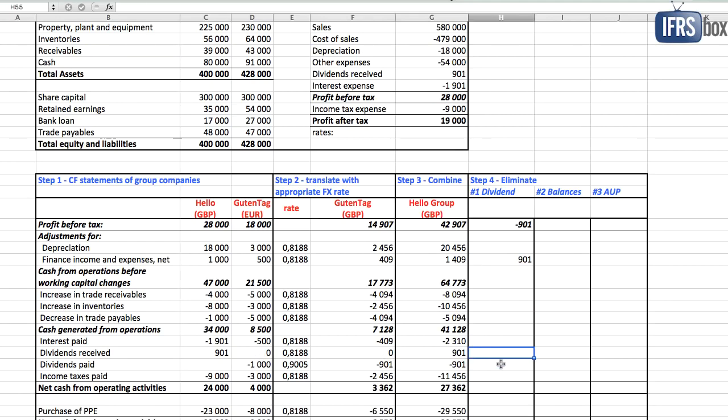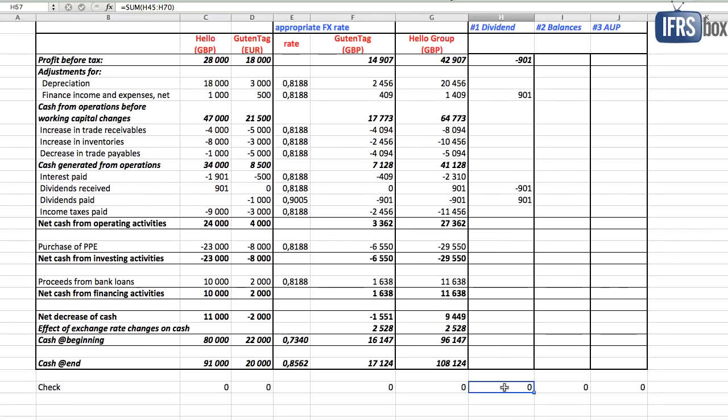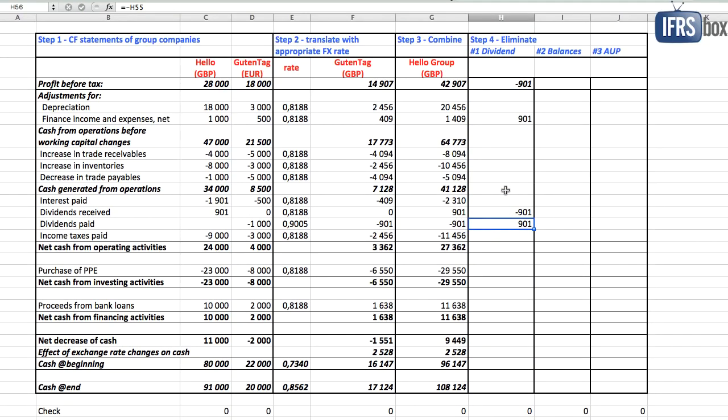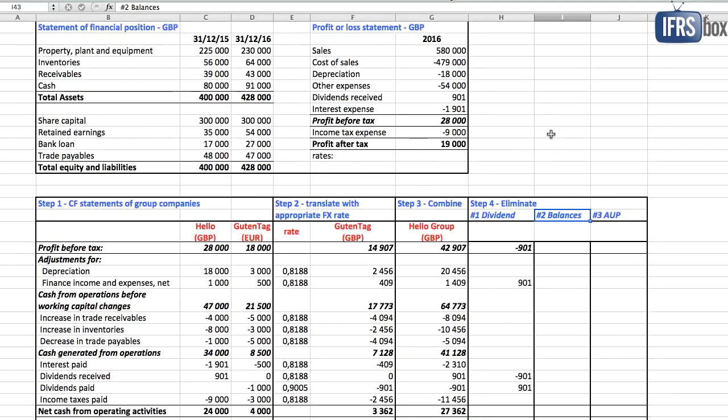The dividend received, no dividend was received by the group, so deduct, and dividend paid, no dividend was paid to the group, add back. The sum of these adjustments shall be 0. We use the same rate for all 4 entries because we assume that the parent recognized the dividend income using the transaction date rate, and the dividend paid in the subsidiary statement of cash flows was recalculated using the same rate.